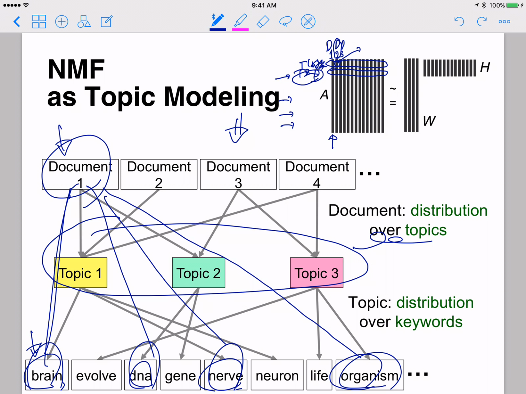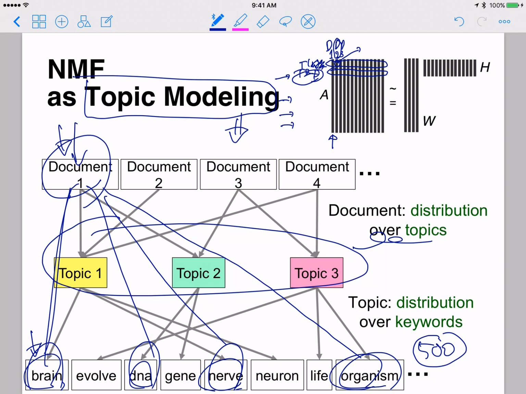In this case, we have, for example, 500 different keywords, which is too many. Each document may contain edges to some of these keywords. So topic modeling puts in an intermediate layer.